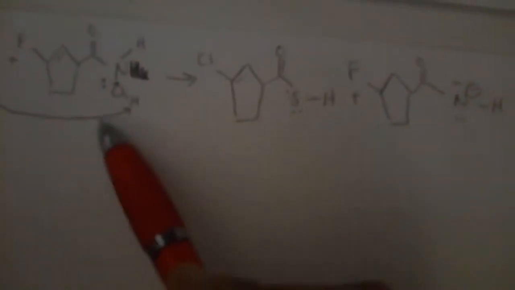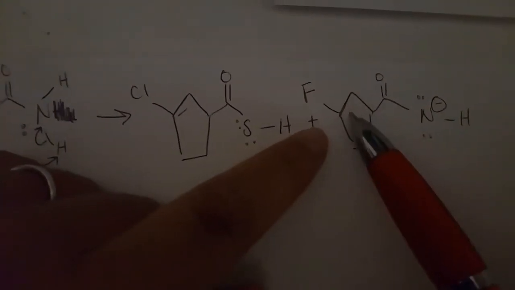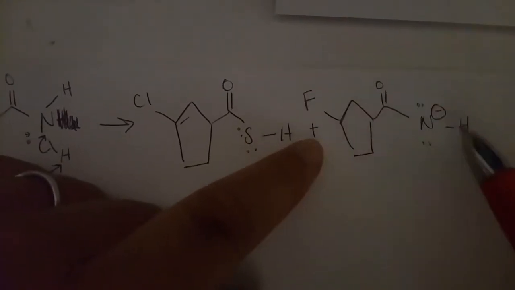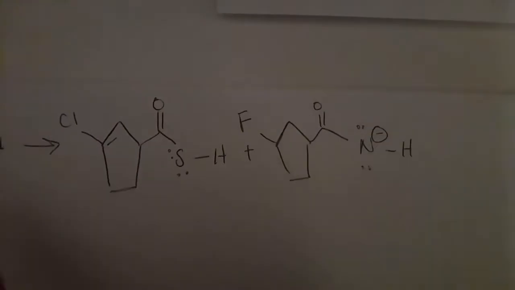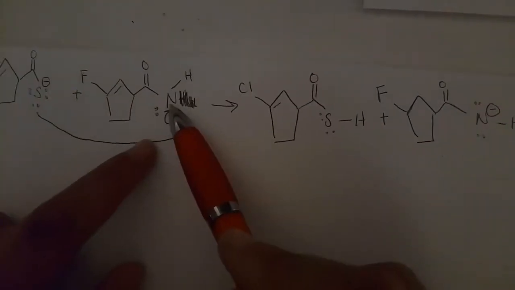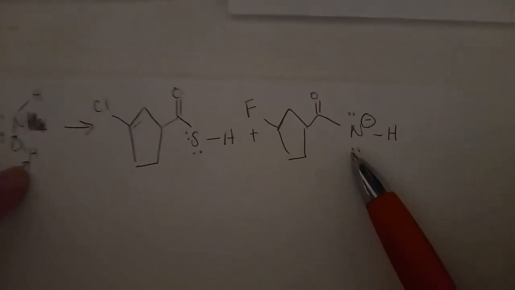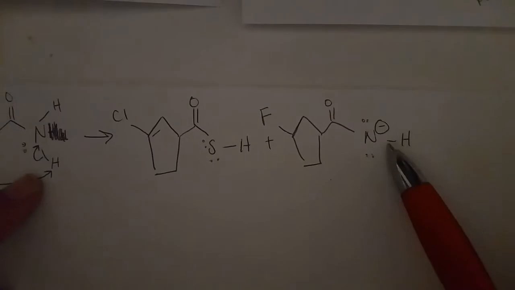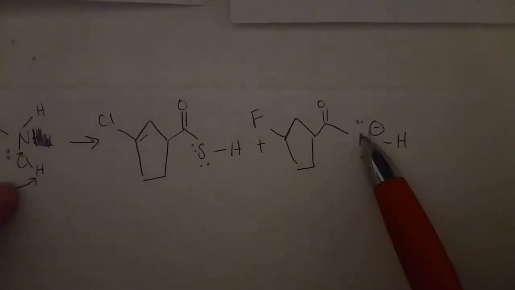So you have this sulfur connected to the hydrogen, so this is pulled off, and this product with the fluorine and the nitrogen now has a negative charge, as this sigma bond just gave the nitrogen an electron pair. So you have the original electron pair, you have the new electron pair from the old hydrogen that just left, and you have the 1 bond to a hydrogen. So therefore that has a negative charge now.